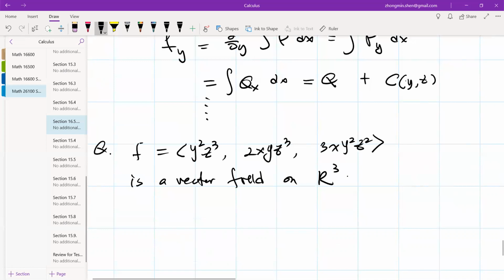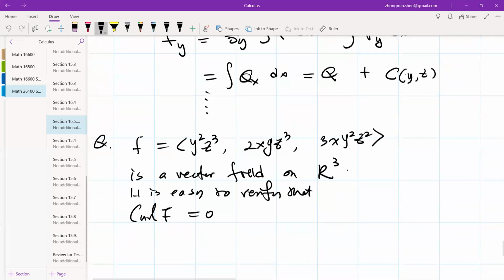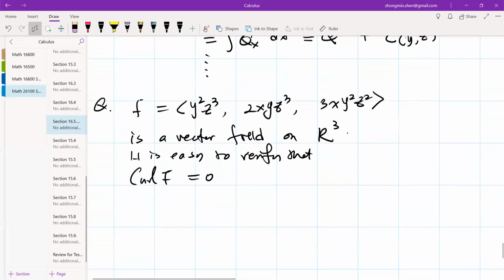And I claim that curl F is going to be 0. It is easy to verify that, so I'm not going to check it, just by direct computation.